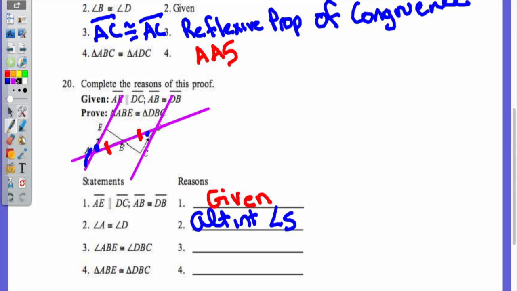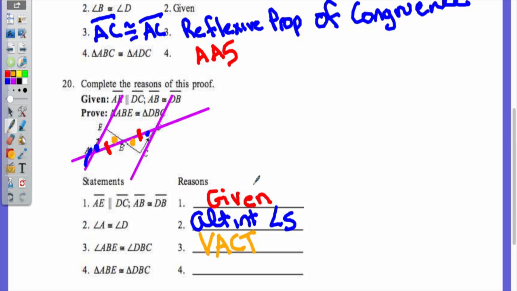Now, ABE and DBC are what kind of angles? Vertical. And vertical angles are congruent by the vertical angles congruence theorem. That's one of the theorems you need to know for your quiz, right? If two angles are vertical, then they're congruent. Vertical angles congruence theorem.